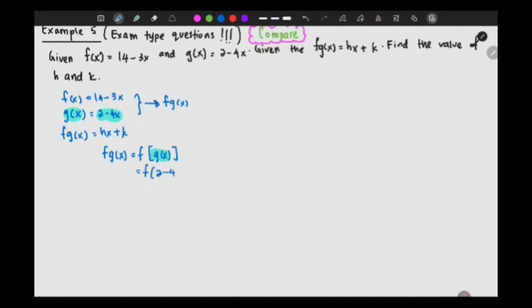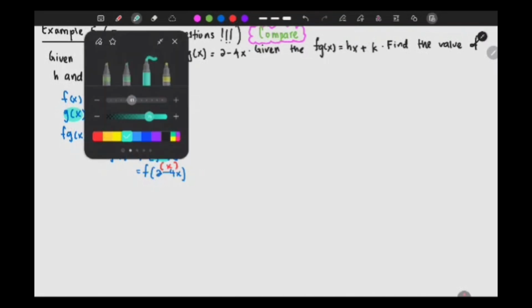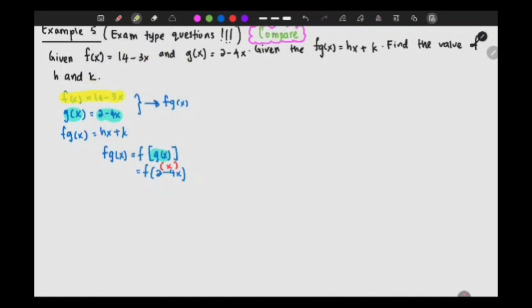So what's fx? There, it's 14 minus 3x. But your x is no longer x, it's actually 2 minus 4x. So replace your x with 2 minus 4x.